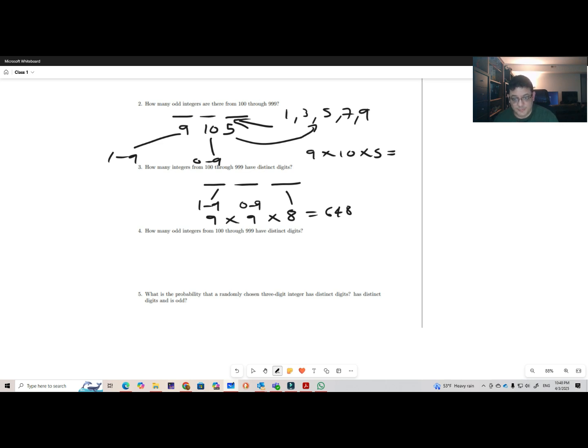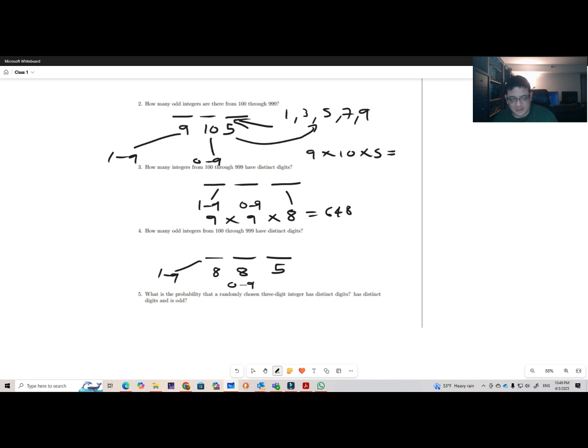Now last, how many integers from 100 through 999 have distinct digits, but are odd? Again, because it has to be odd, we only have 5 possible digits here. And then again, this is going to have 8 numbers here and 8 numbers here that are possible. The 8 choices is because we can get 1 to 9 here, but not 0, and from here we normally could get 0 to 9, but then we have to remove whatever we have here, and whatever we have here.